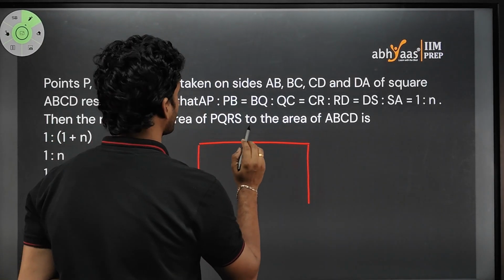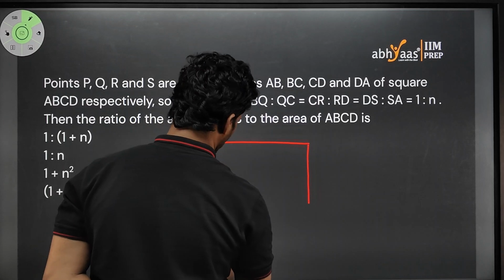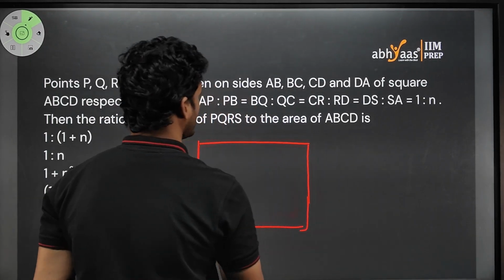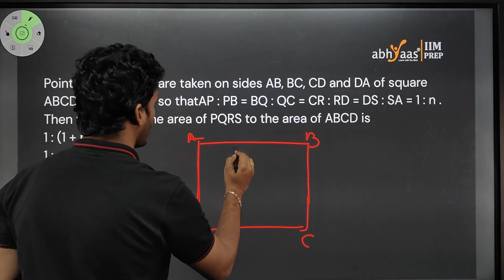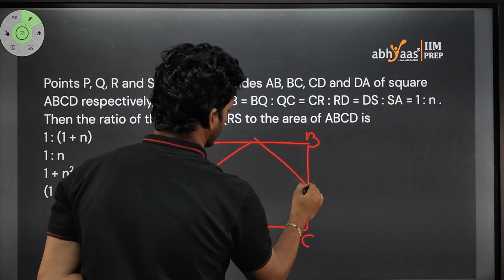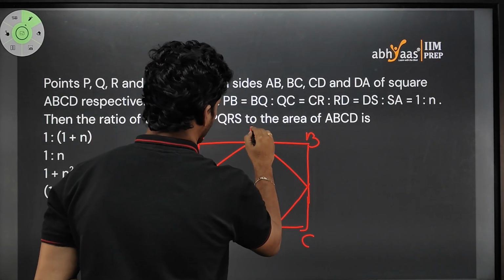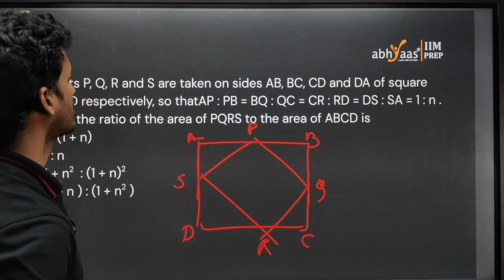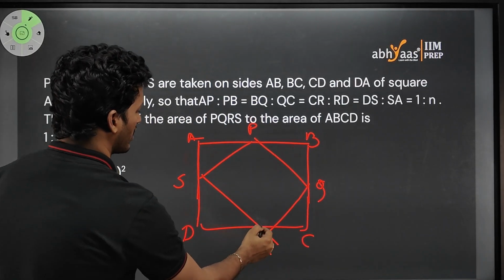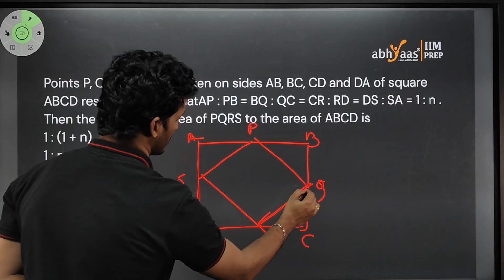A square is drawn, ABCD. On that, PQRS is another polygon, a quadrilateral. Let me draw this nicely.